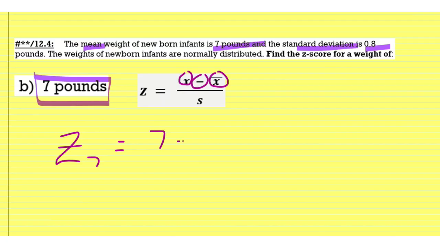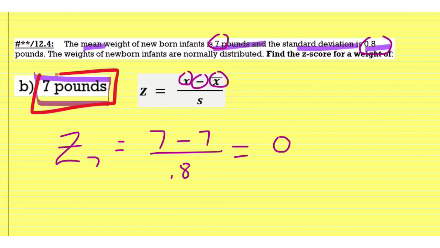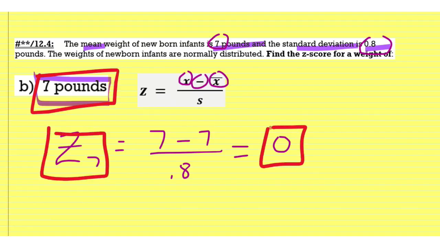So it's 7 minus the mean of 7, and the standard deviation goes in the denominator, so 0.8, and 7 minus 7 is 0. 0 of anything is still just 0. So that means that our 7-pound baby has a z-score equal to 0. And that means that our 7-pound baby is exactly equal to the average.